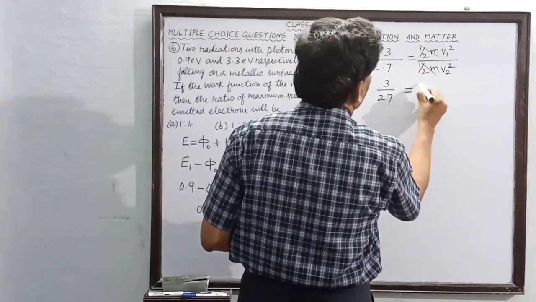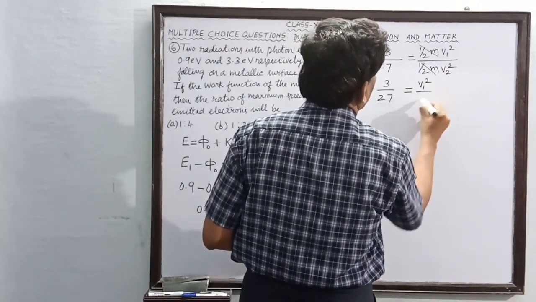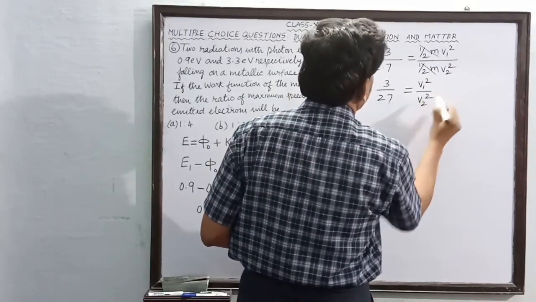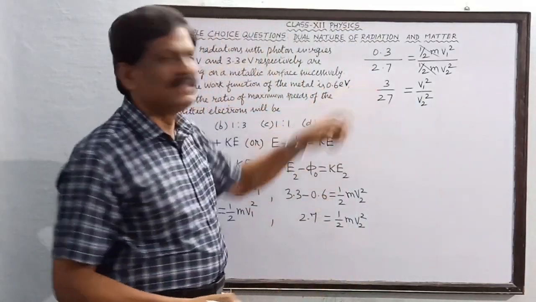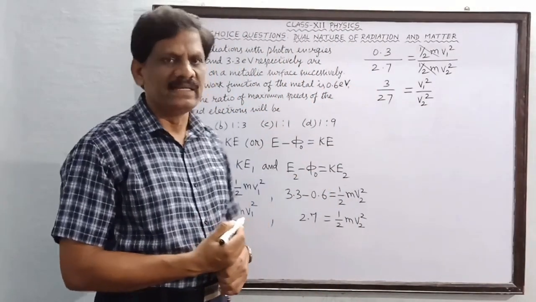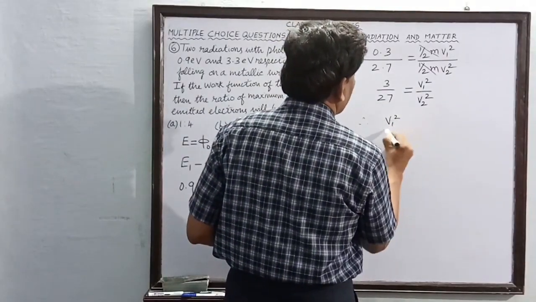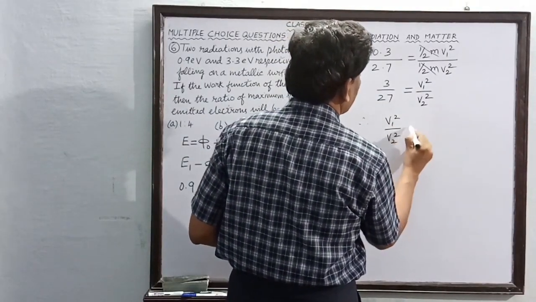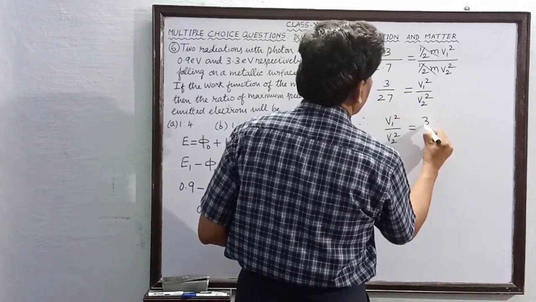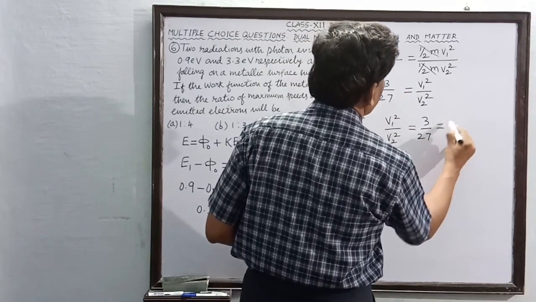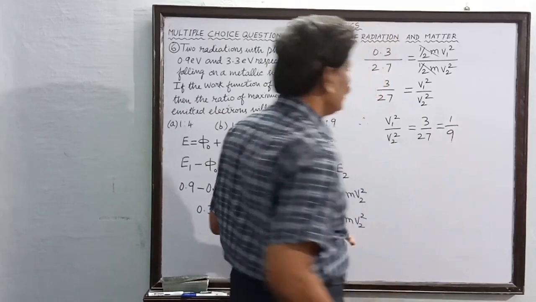So this is equal to v1 square by v2 square. Now 9 3s are 27, is it not? Therefore v1 square divided by v2 square is equal to 3 divided by 27, which is 1 divided by 9.